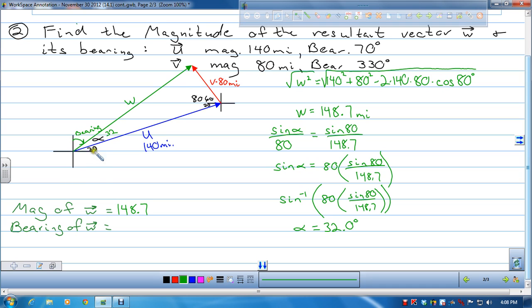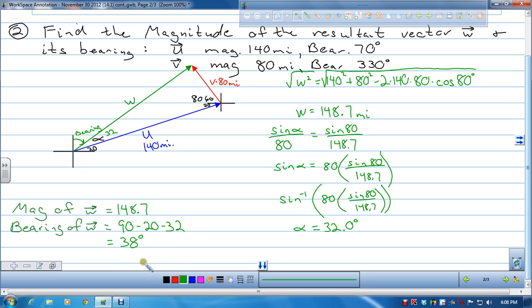Now, if that alpha is 32, then I can figure out what this bearing is, because if I know this is 20 and I know this is 32, I know this whole thing right here is 90 degrees, right? So the bearing would end up being 90 minus the 20 minus the 32. So the bearing of this resultant vector is 38 degrees.